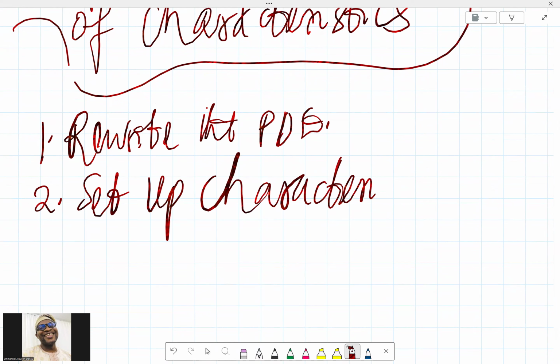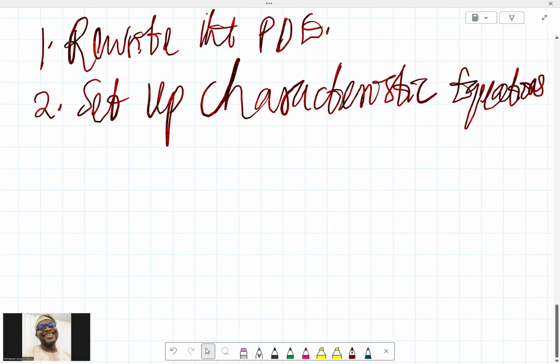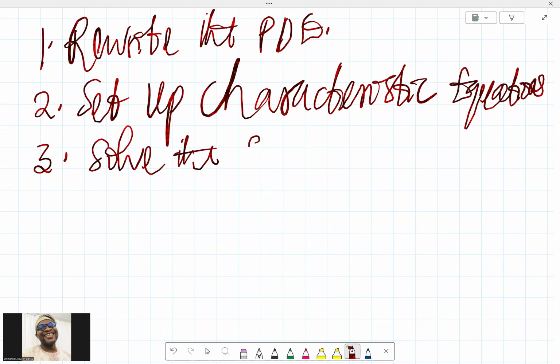These are derived from the given PDE and typically involve the variables x, y, and u. Number three, you solve the system of ODEs.